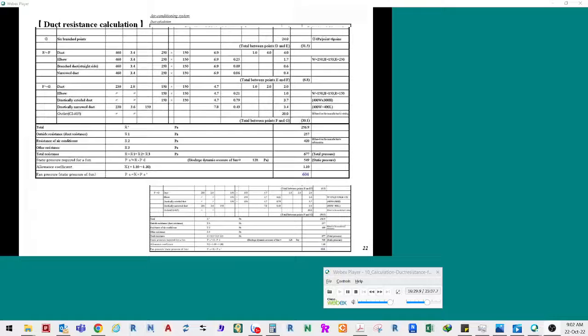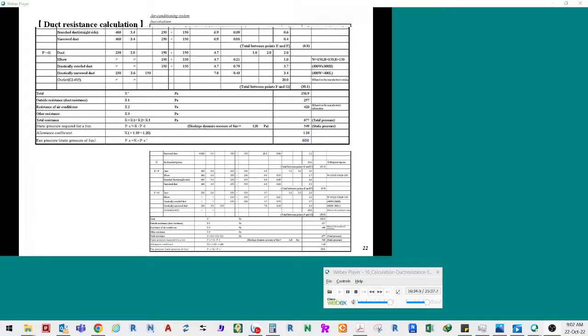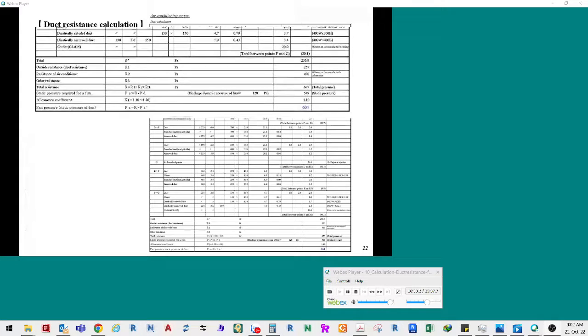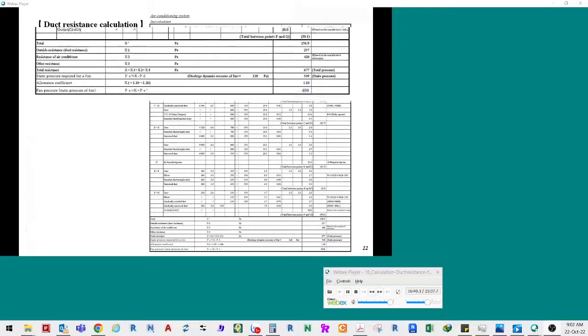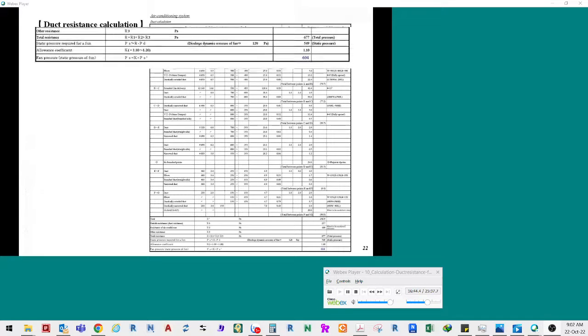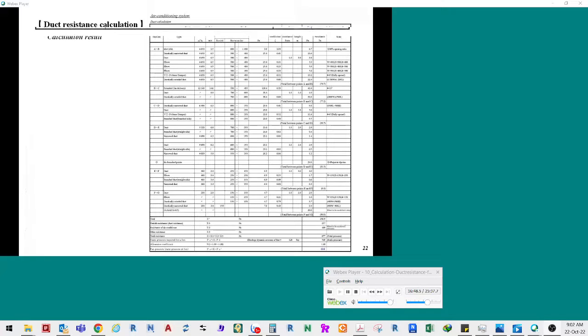Based on the required static pressure of the fan as shown on the slide, select a fan based on reference data including performance curves. Note that the series of resistance calculations as described so far should be used under the condition where the airflow is relatively uniform. The duct resistance of actual ducts may not fall within the range of calculated values.